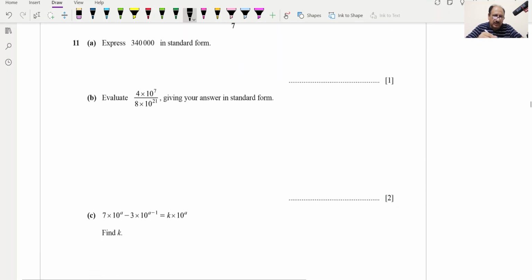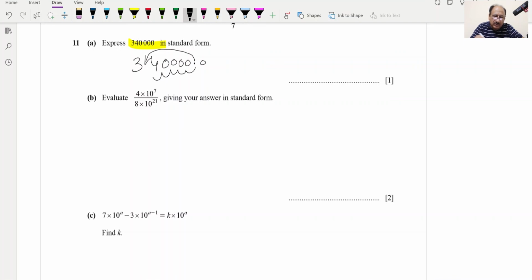Now question number 11, express this one in standard form. For standard form, after the first non-zero digit we have to write the decimal. Our zeros are 4 zeros, and this point we can shift over here, and this will be 1, 2, 3, 4, 5 jumps.